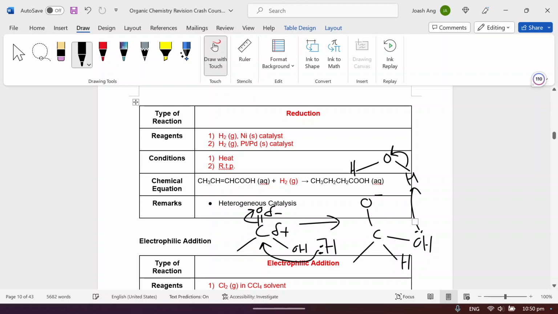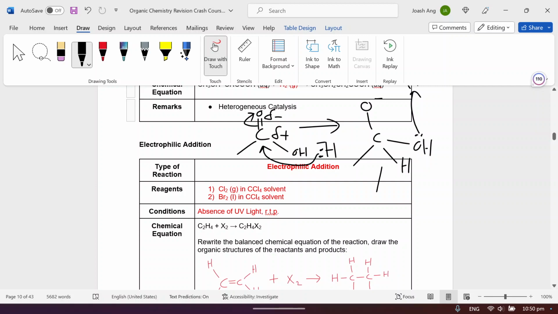Okay, and this would in turn give you this, in which this one will leave as a leaving group, and the lone pair on the negatively charged oxygen will come down here, and that will help you form your aldehyde.